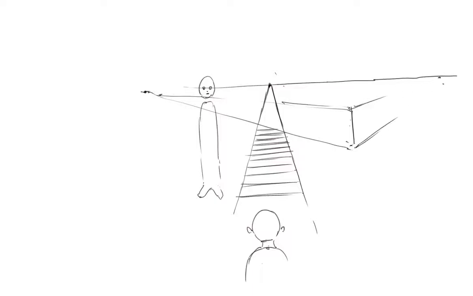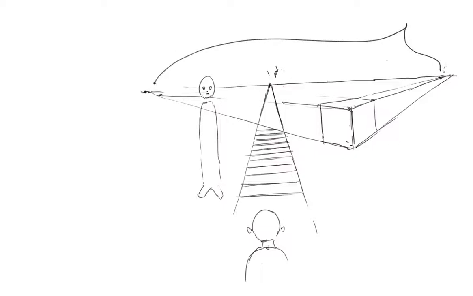And the lines converge to these points on the horizon line. Okay, now, so this is 1-point perspective. This is 2-point perspective. So we have two separate systems here, okay?